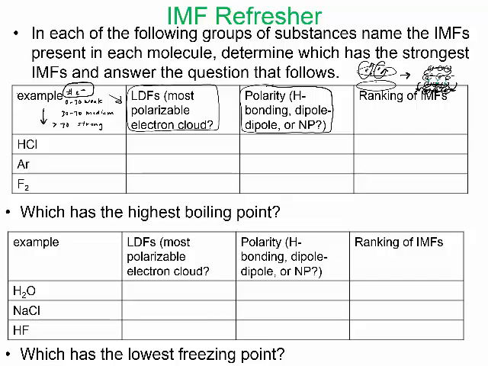And on the AP exam, they like words like that. So you need to know how it works. We can't just say more electrons, so more LDFs. You can't just think of it in a vacuum like that, because you will be asked to explain, or they might have some problem where they have the explanation of it. So you kind of have to know how it works.